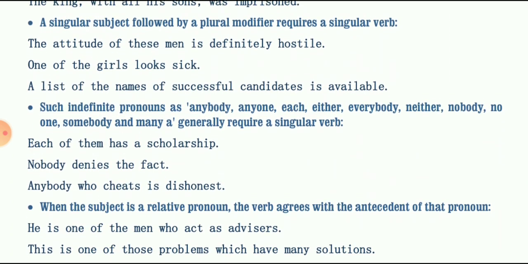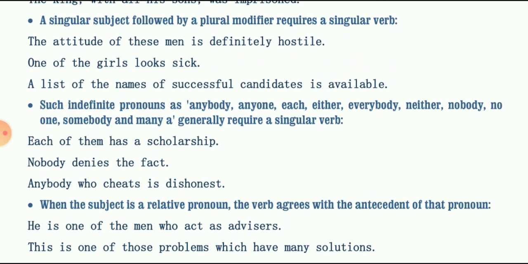A singular subject followed by a plural modifier requires a singular verb. The attitude of these men, actually these men is plural, but the subject is the attitude. That's why we will use is. The attitude is an uncountable singular noun. One of the girls, girls are plural, but the subject is one, not the girls.